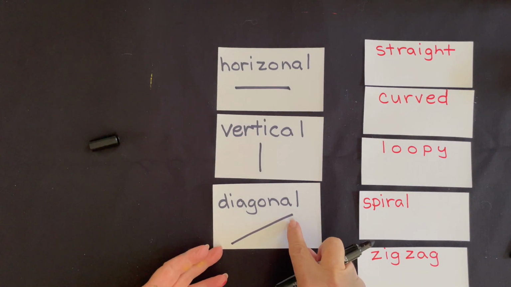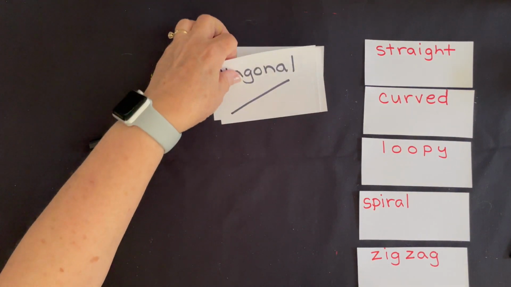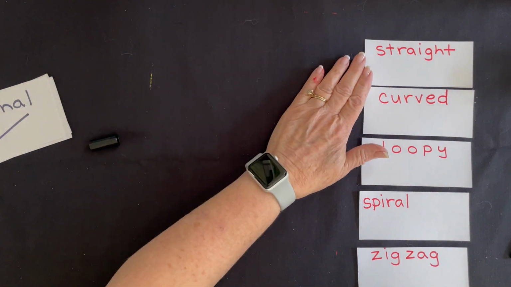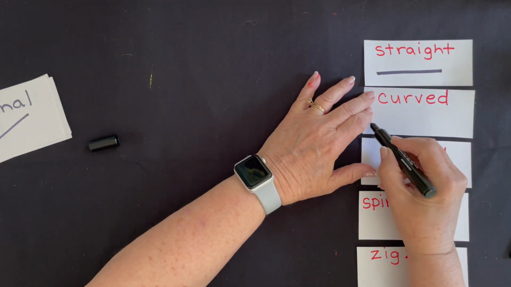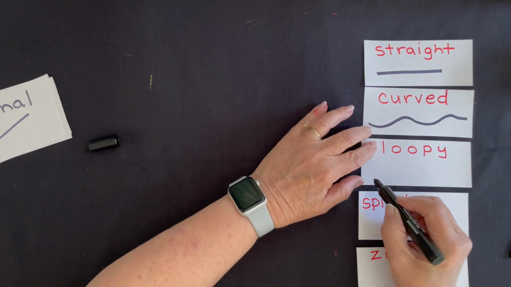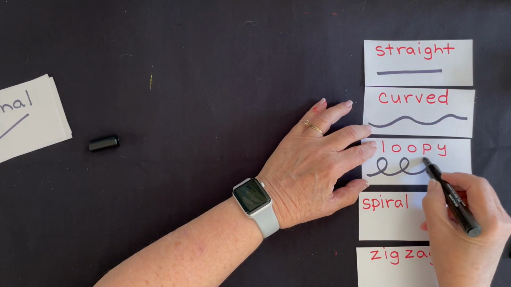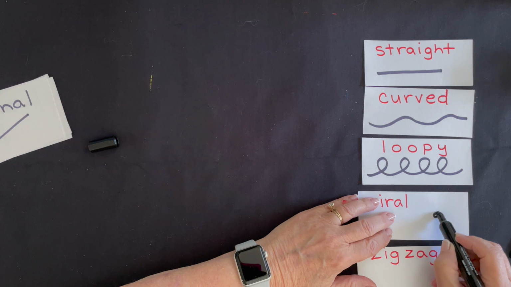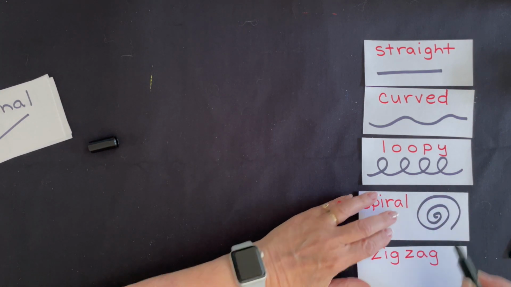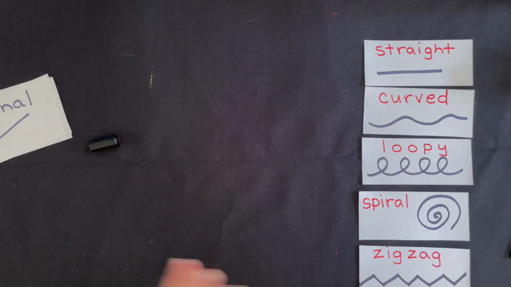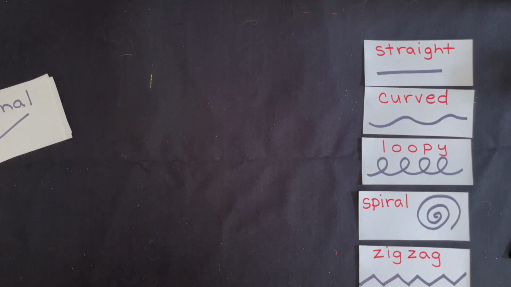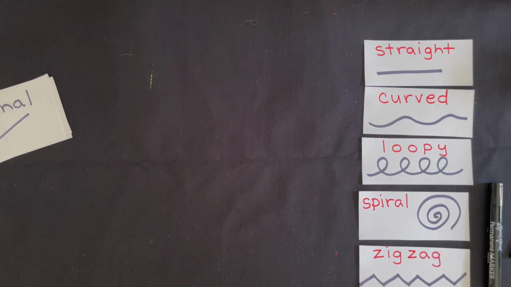Another word for diagonal would be slanted. Next, the lines. Of course, there's the straight line, the curved line, the loopy line, the spiral line, and of course the zigzag line. Now there are many other lines out there. You can use the lines that you want.